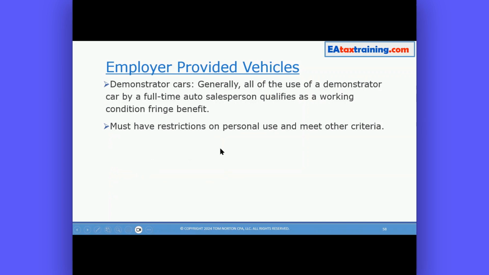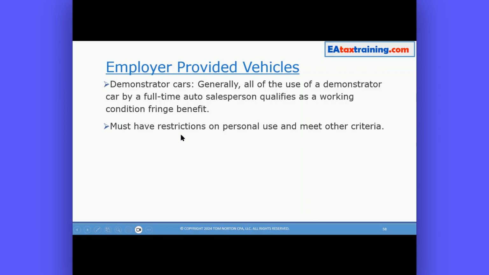Demonstrator cars. So this is for car dealers, where their salespeople will often be able to get a demonstrator car that they can use for personal purposes. So in general, the use of a demonstrator car by a full-time auto salesperson qualifies as a working condition fringe benefit, which means it is excluded, but there must be restrictions on personal use and meet other criteria.